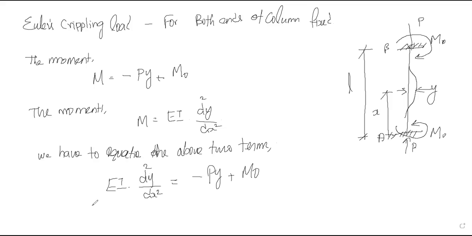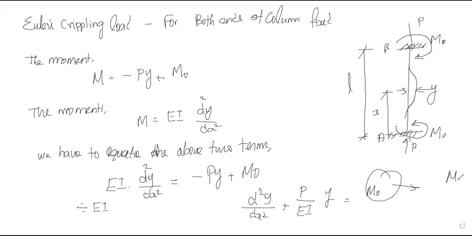Now we are going to divide the equation by EI. So the equation becomes d squared y by dx squared plus P by EI into Y is equal to M naught by EI. Now we are going to divide by P also here, and this time we denote it as M naught by P.